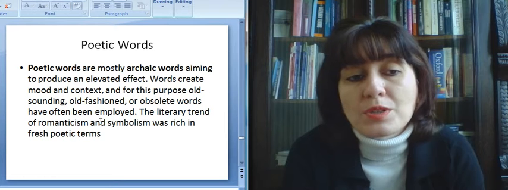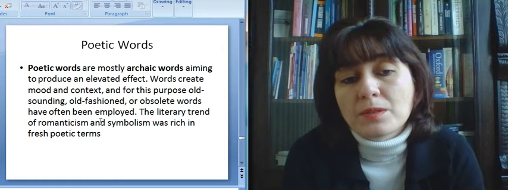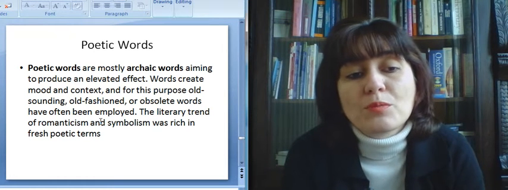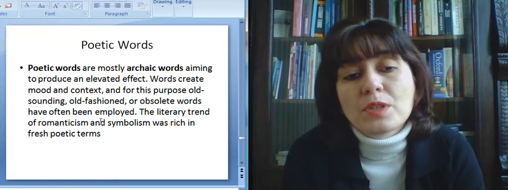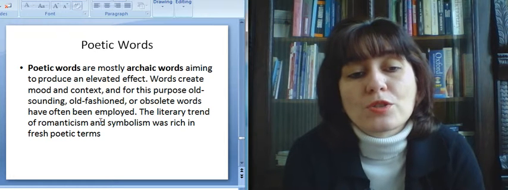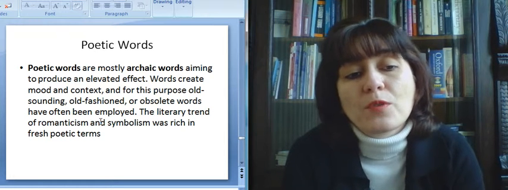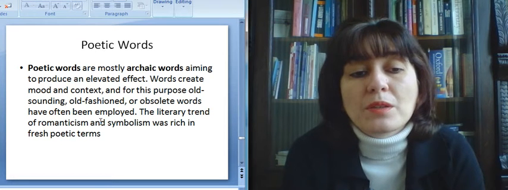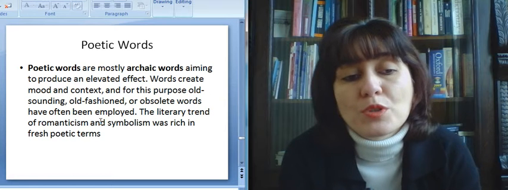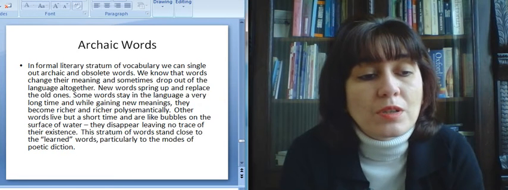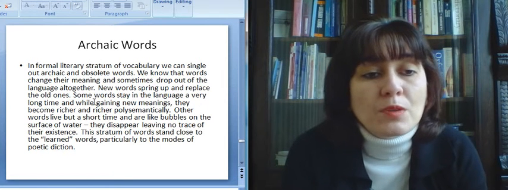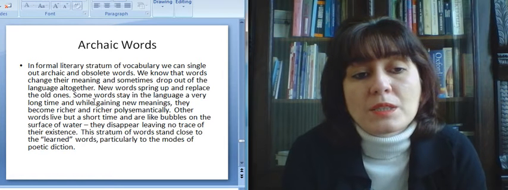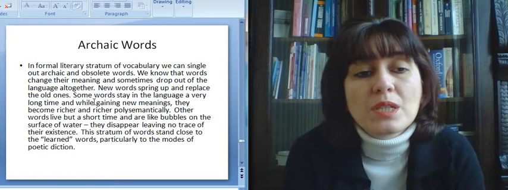They are lofty, high-flown, and coloring. Poetic words are mostly archaic words, aiming to produce an elevated effect. Words create mood and context, and for this purpose, old-sounding, old-fashioned, or obsolete words have often been employed. The literary trend of Romanticism and symbolism, for example, was rich in fresh poetic terms.